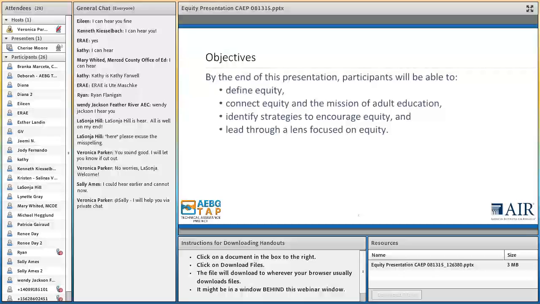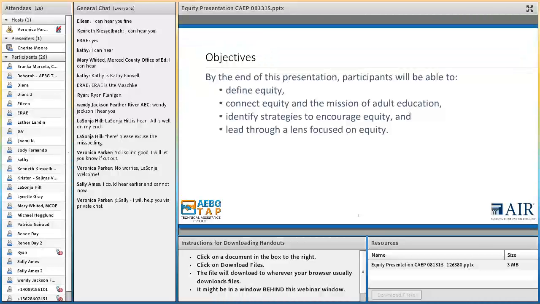And so by defining it, we're going to help you to get there. And then again, connecting that to your work and your mission, that you'll be able to help continue this conversation and discussion by being able to make sure that it's clear how what you do is directly connected to ensuring equity in our services to our students.